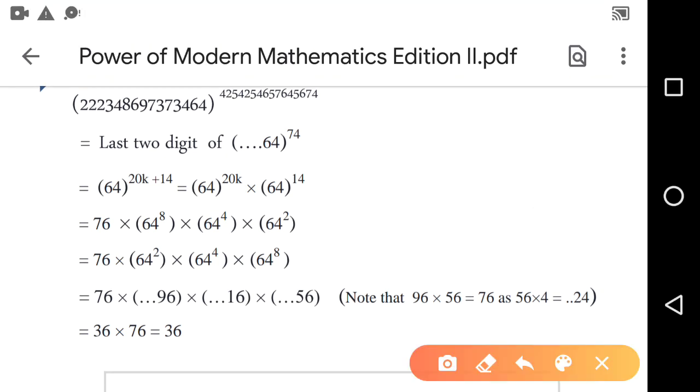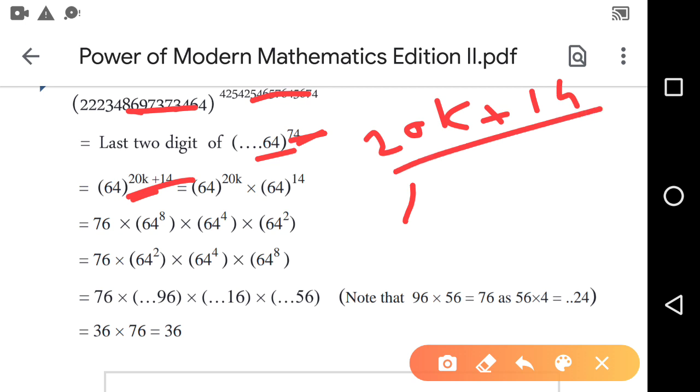Here, friend, what we are doing is considering 64 raised to 74. It can be written in the form 20k plus 14, because 20 is the period of the last two digits. So the periodicity of the last two digits is nothing but 20.